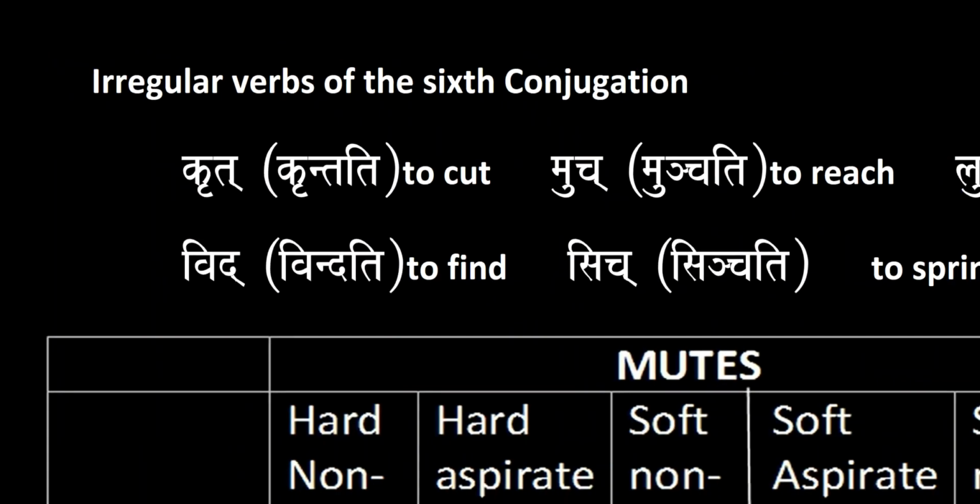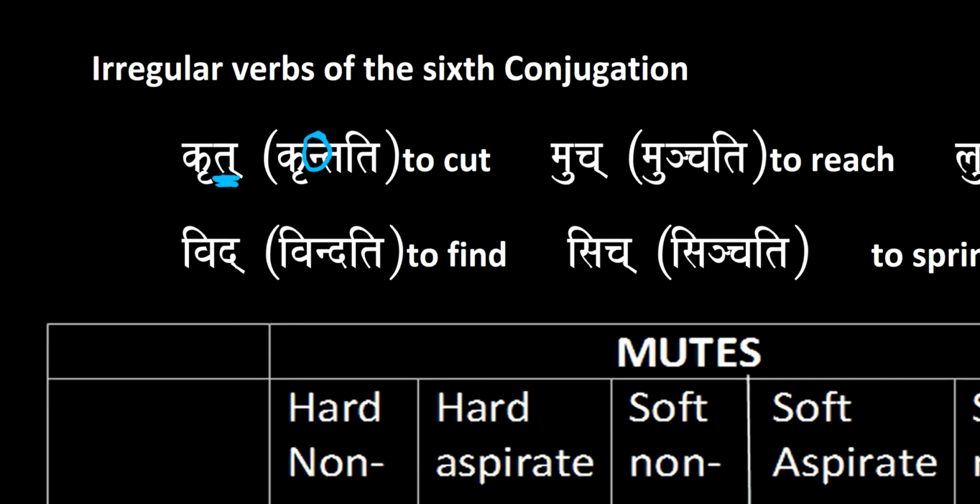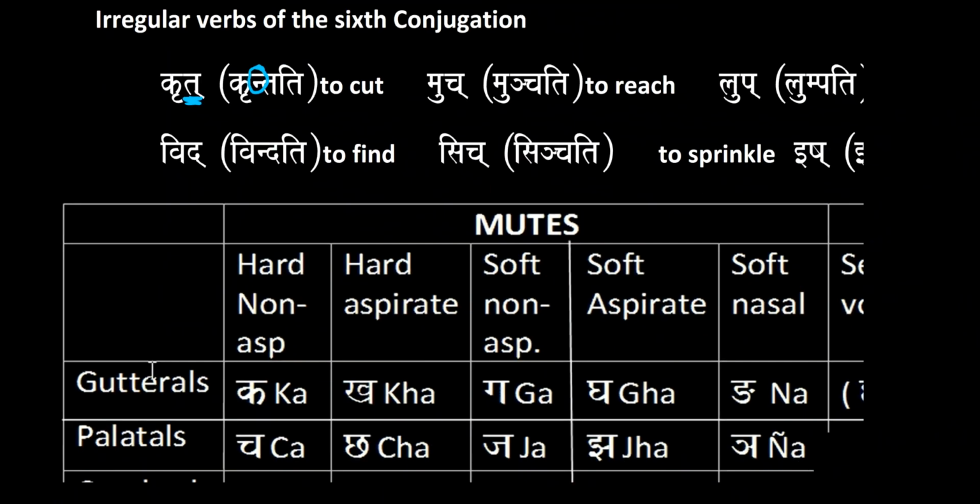So let us notice here that in krit, you have your dental ta, right? So this is dental. And notice that the nasal consonant that is being added is also in the dental category.